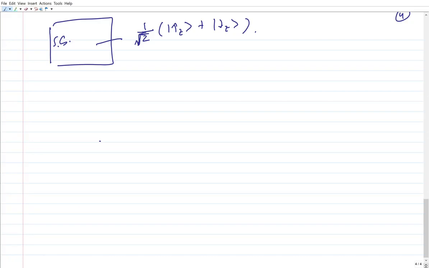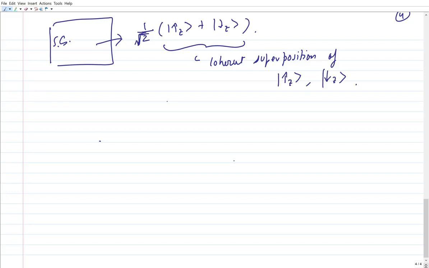I am just popping out a state which is a state vector. This is as bona fide a state vector as it gets. It's a superposition of two things, a normalized state vector plus z, minus z, and I am popping this out. This is a coherent superposition of both the eigenstates of the z operator.